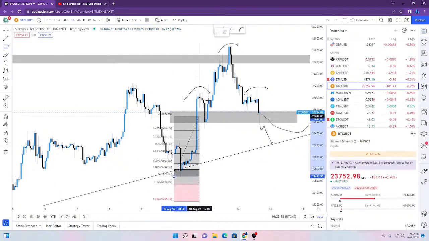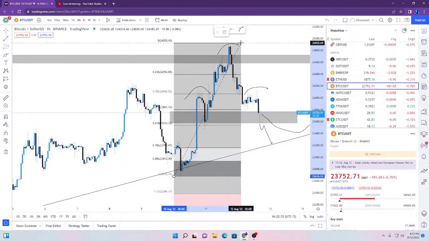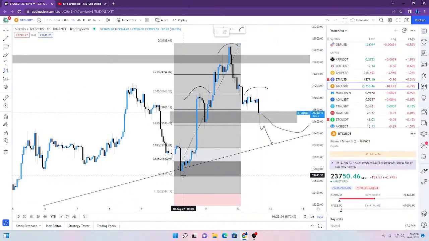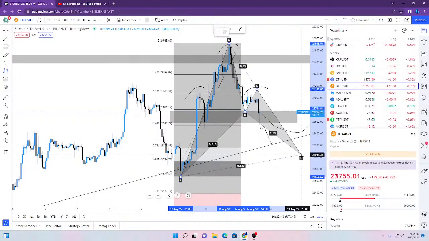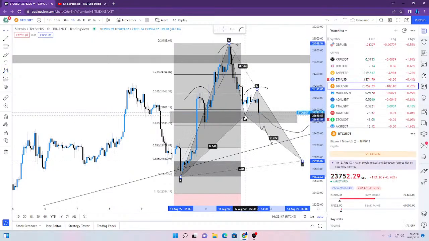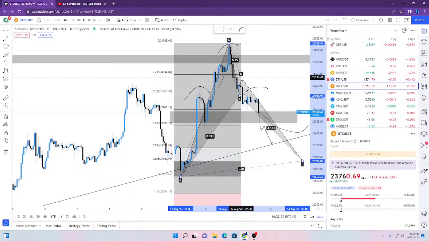Moreover, if we take a Fibonacci retracement from the top, we might also see that, let me draw a harmonic if there is one. Oh no, there isn't one. Let me see if this works out. No, there isn't one.